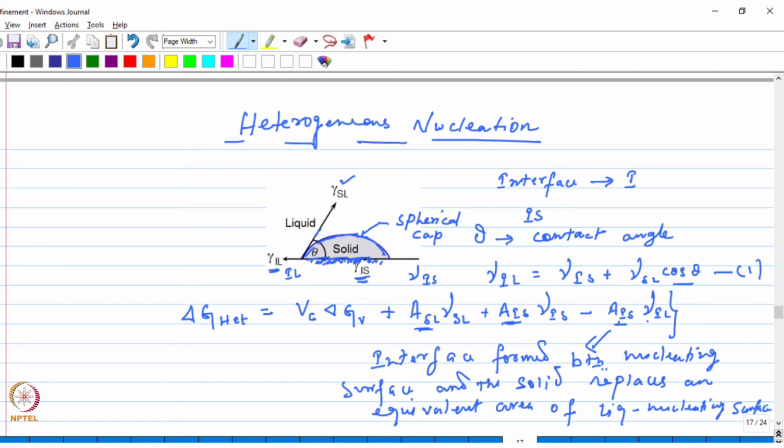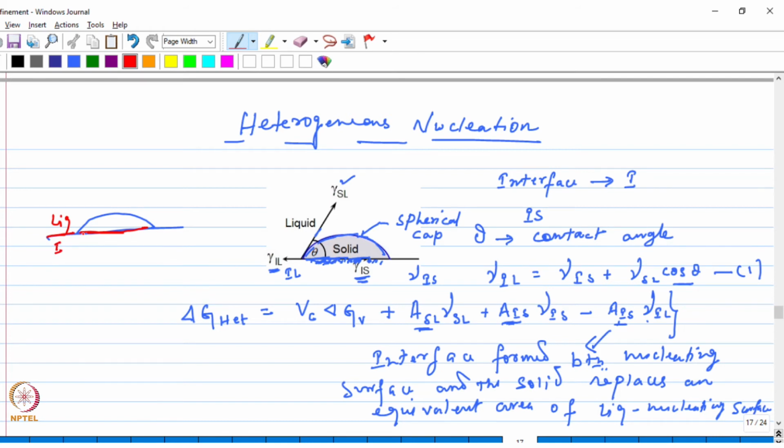Right? Which you can see from here, right? So this is the surface which is formed between the solid and the heterogeneous surface, right? And this is formed out of this particular surface, which is between the liquid and the heterogeneous surface, right?